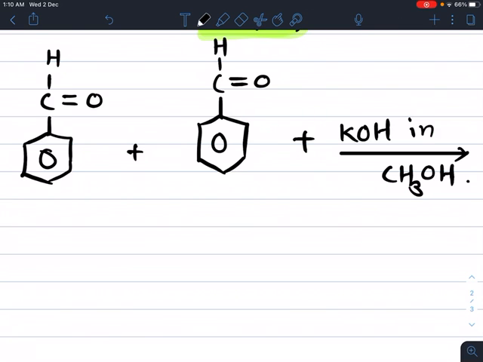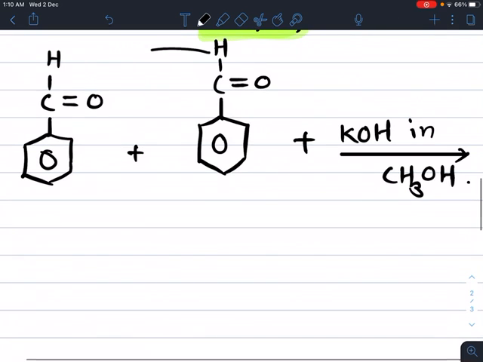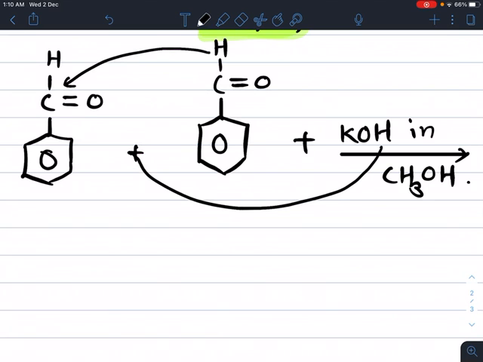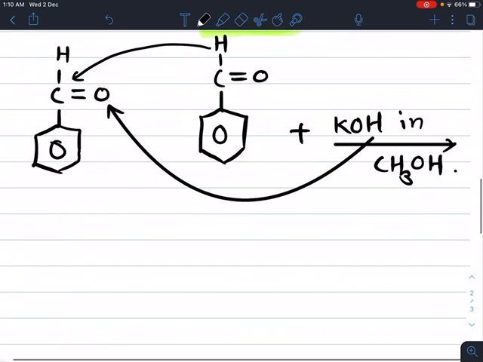One benzaldehyde undergoes reduction and the other undergoes oxidation. Addition takes place: this hydrogen is added to this carbon and hydrogen from KOH is added to the oxygen. So after heating we get the reduced product of benzaldehyde.